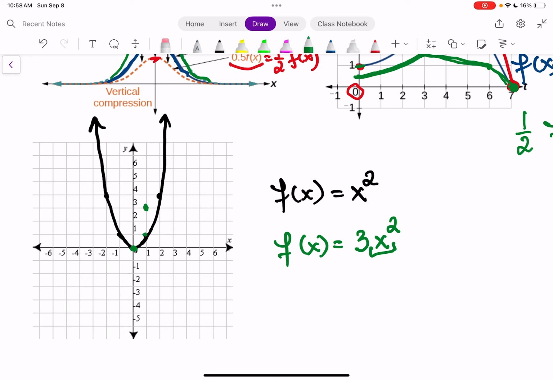Now it's going to go to 3. This y coordinate is a 4. It's going to go to 12, way up there. I can't even find it. But really what you notice is that the graph got stretched vertically, it became elongated, it became longer vertically by a factor of 3.